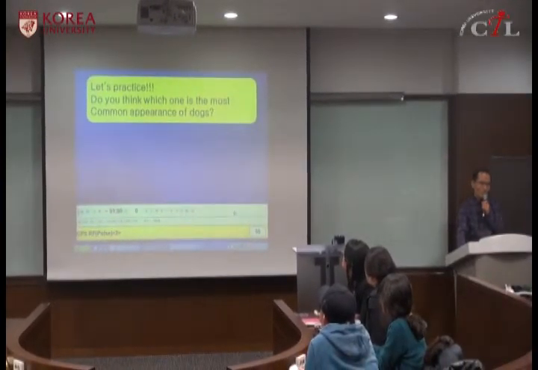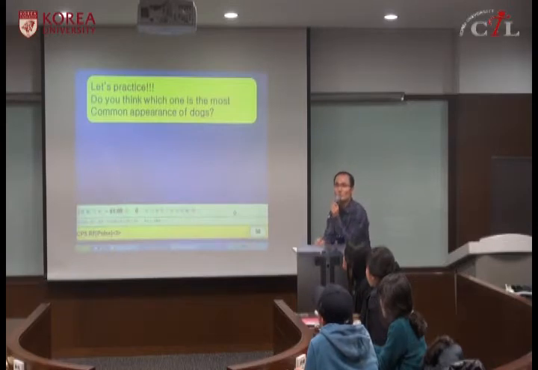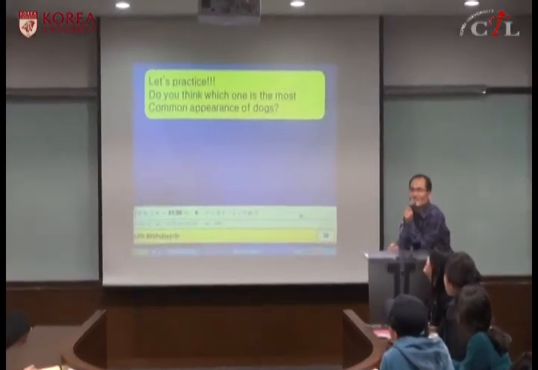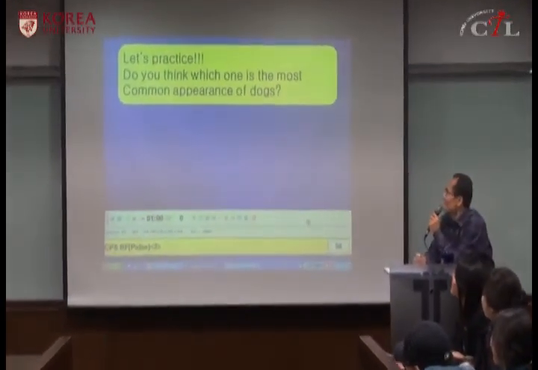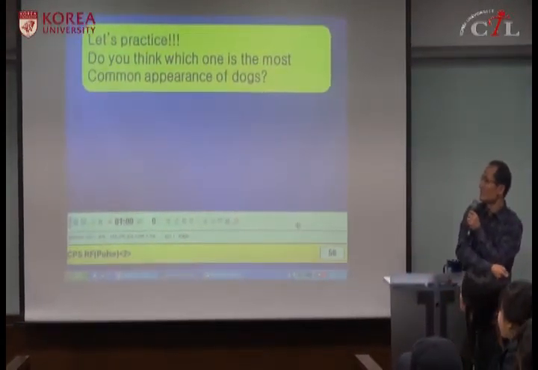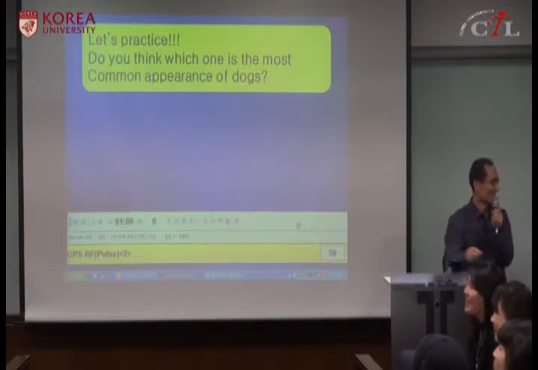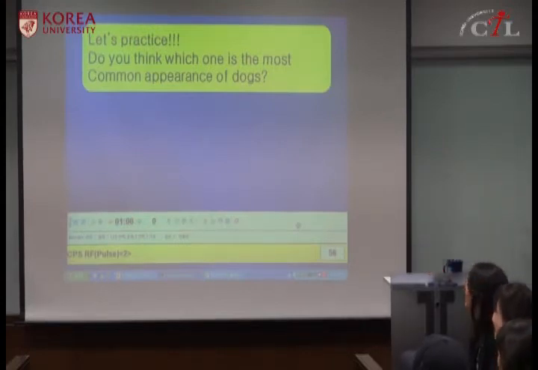Which one do you think is the most common appearance of the dog? Take a look. Do you know what a dog is, right? You need to be careful with your pronunciation.